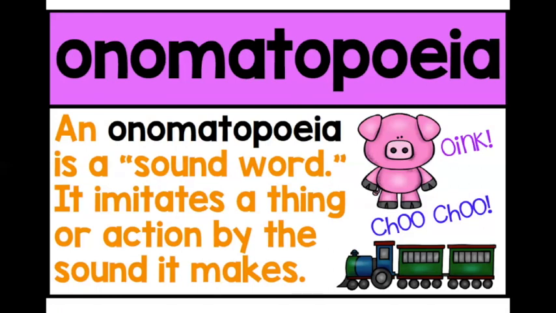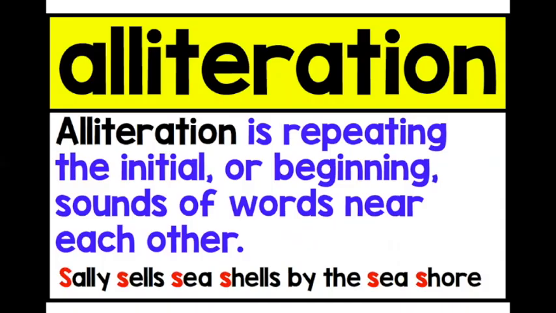And finally, we are going to be looking at an alliteration. Alliteration is repeating the initial or beginning sounds of words near each other. So I like to think of these as tongue twisters. We have this initial sound being repeated over and over and over again. So let's see if I can do this example in one go.